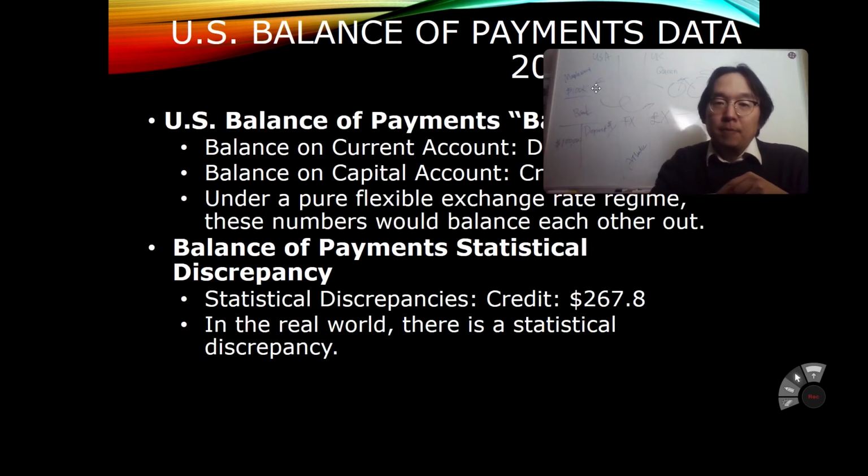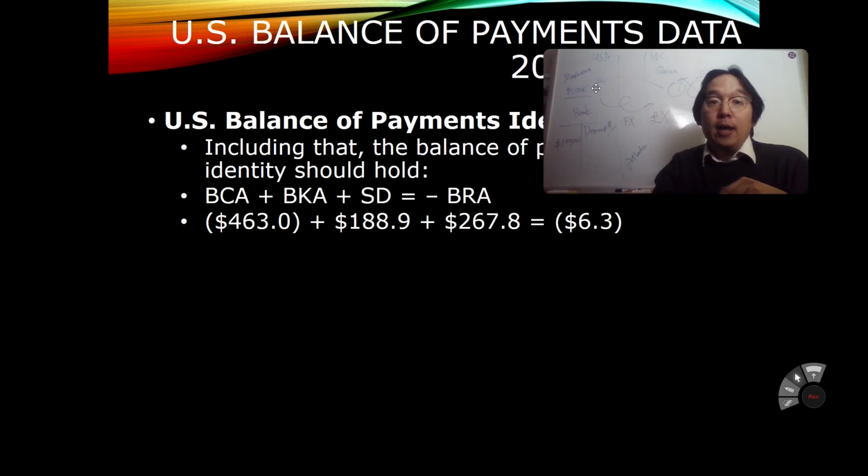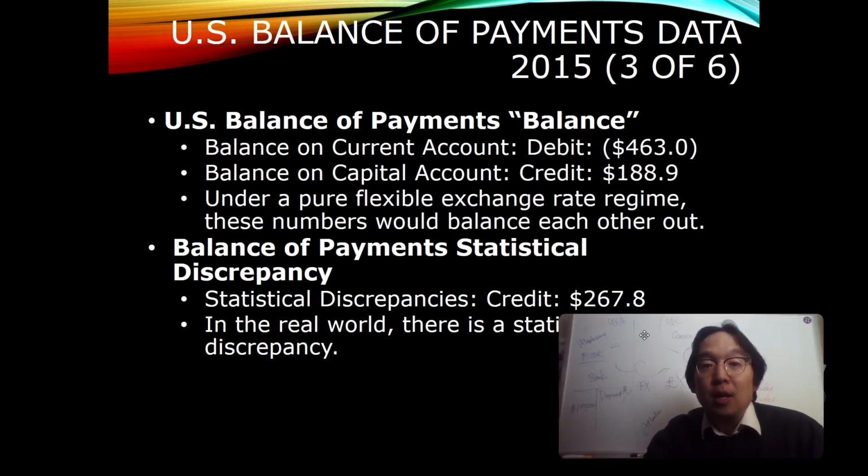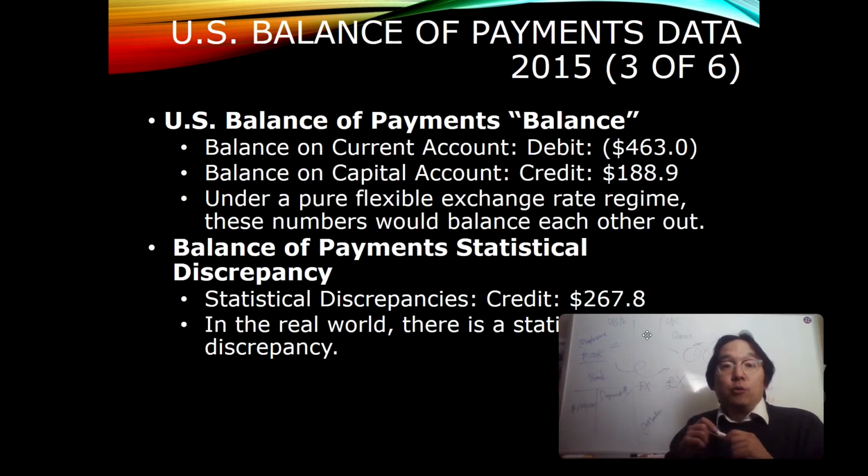Now, US balance of payments, the balance. You add those two things, current account and capital account balances, and you still have minus 270 something.